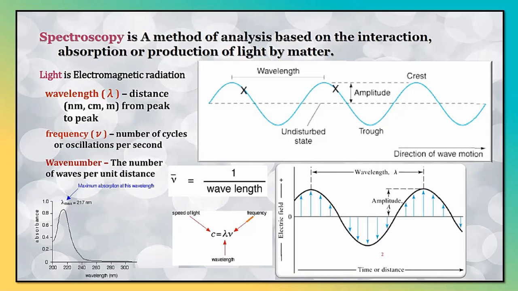At that time we came across 2 different words: the first was absorption spectra, the second was emission spectra.